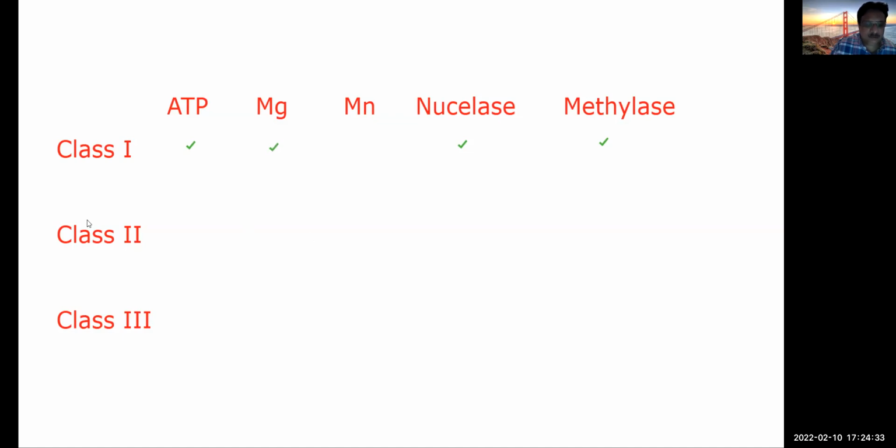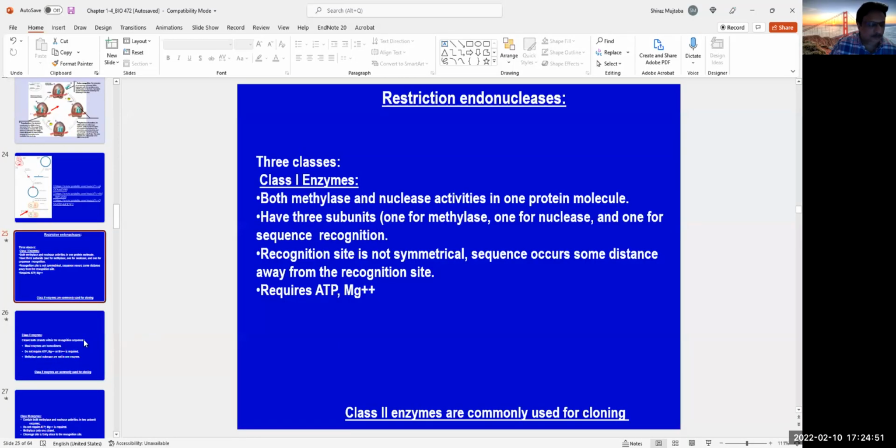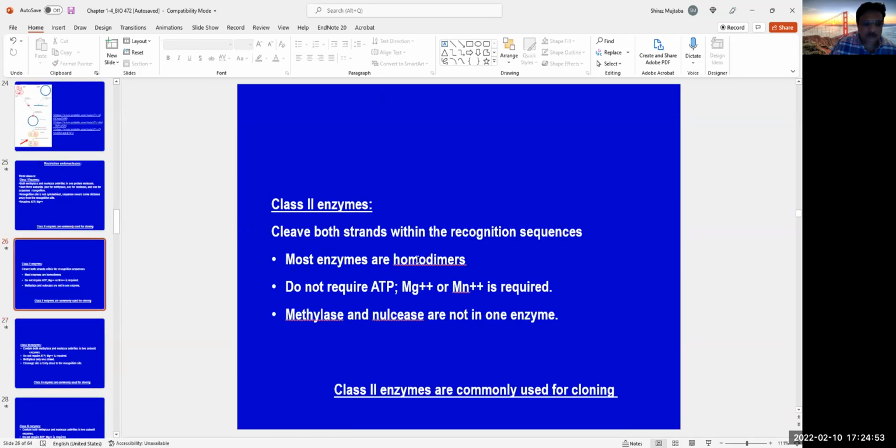Class 2 enzymes are mainly nucleases, right? They don't have methylase activity. Let's just visit what's 2. So 2 does not require ATP. Magnesium or manganese is required. Methylase and nuclease are not in one enzyme, so mostly they are nucleases.